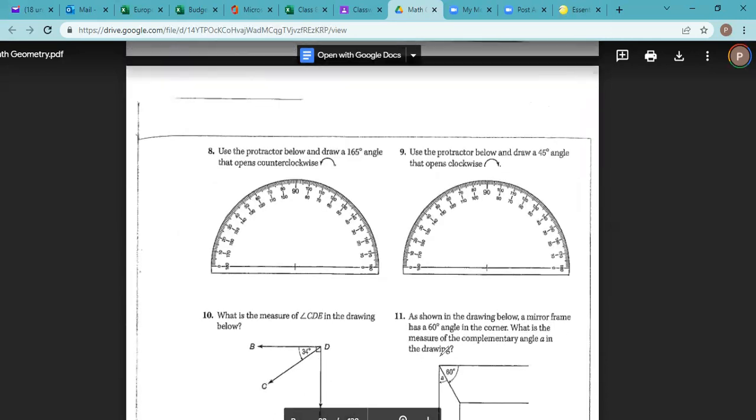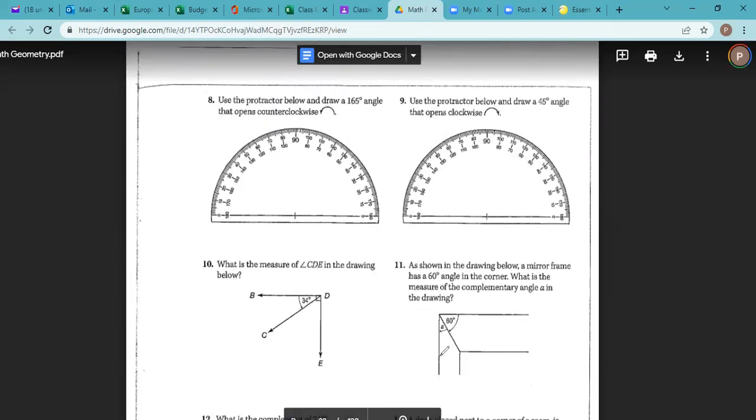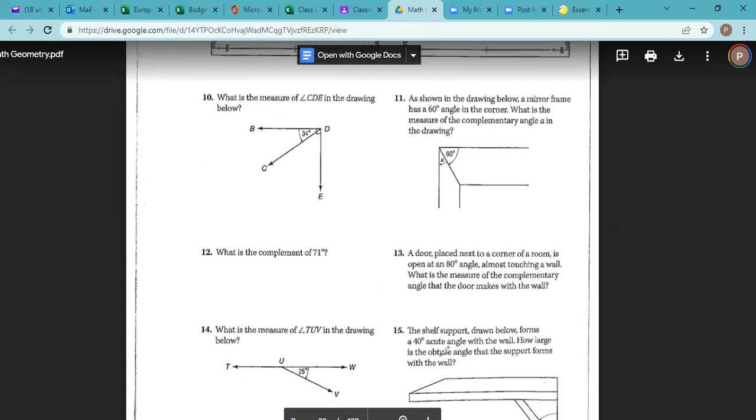Let's go down to the second page. You should be able to do number 8, 9. And as you look at number 10 and 11, see if you can go ahead and do those too, because it's very similar to what we just did. Okay, but if you can only get down to number 9, that's fine. But see if you can do number 10 and number 11.